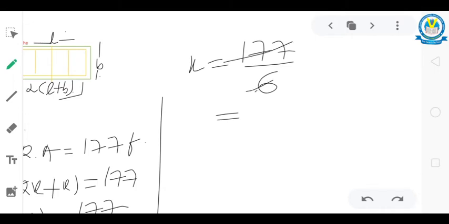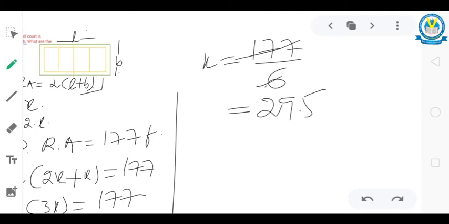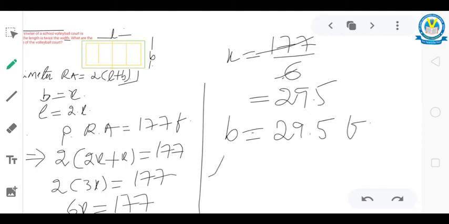So the value is exactly 29.5. So x, here x equals width or breadth, so B equals 29.5 feet, and the length equals 2 times the breadth, so length equals 2x equals 2 into 29.5.